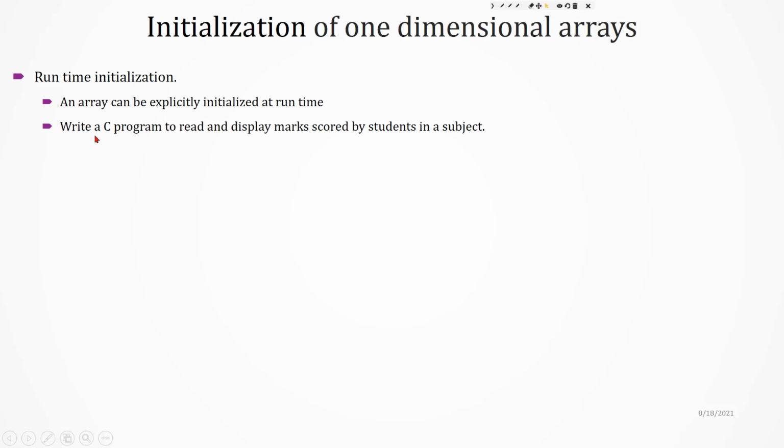So here I have an example program. Write a C program to read and display marks scored by students in a subject. With this example, I will explain the concept of runtime initialization.